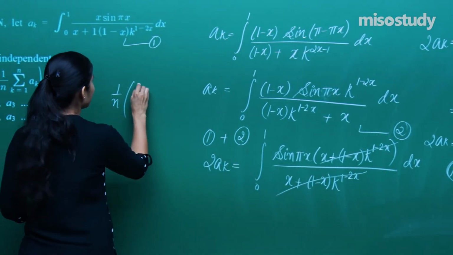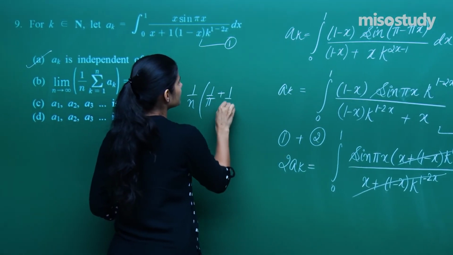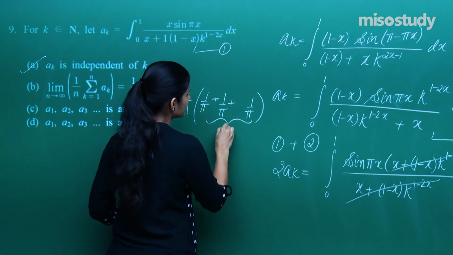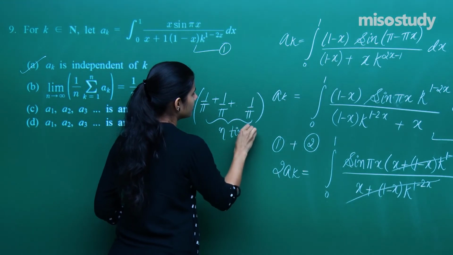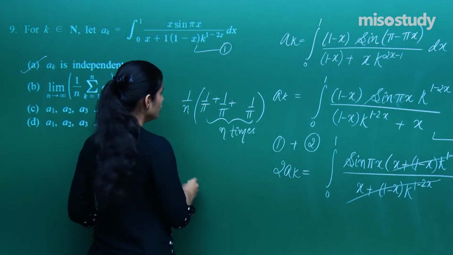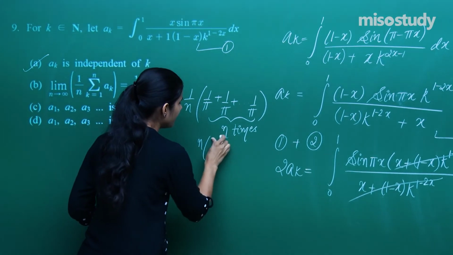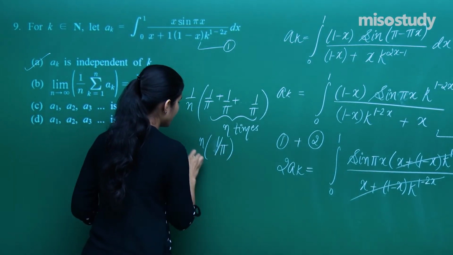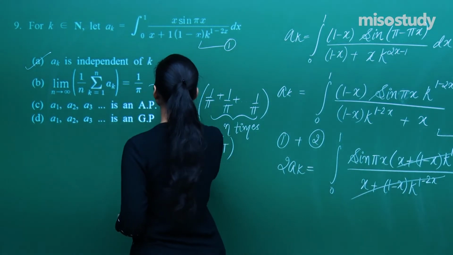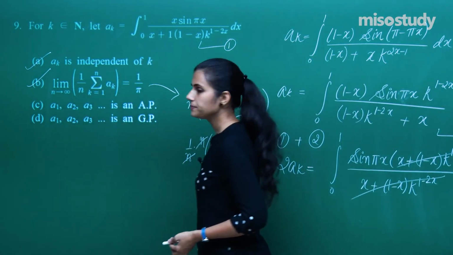So basically I am adding 1 by pi n times. This is a1, a2, a3, a4 up till an. So this is n times 1 by pi, and already you have a 1 by n. So your answer is nothing but 1 by pi.